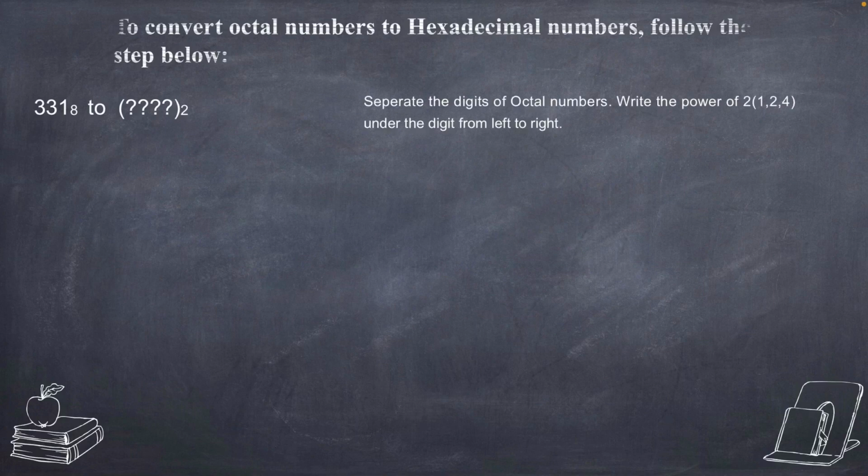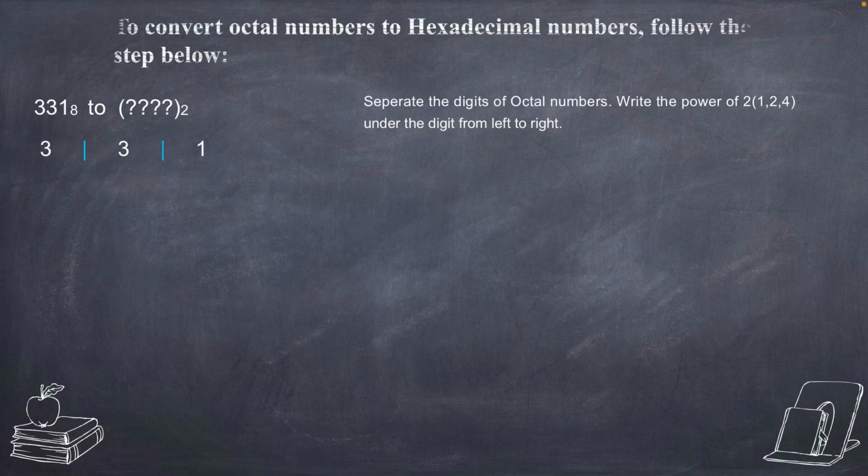So, first step ay separate the digits of the octal number. Then, write the power of 2, 1 to 4 under the digit from left to right. Pasensya na kayo kasi bulol ako sa R. Then, meron tayong 3, 3, 1.